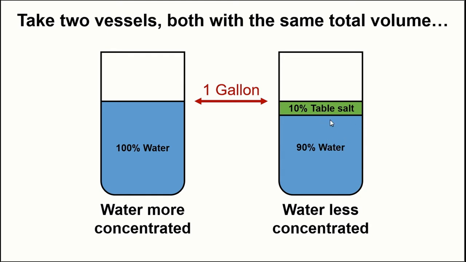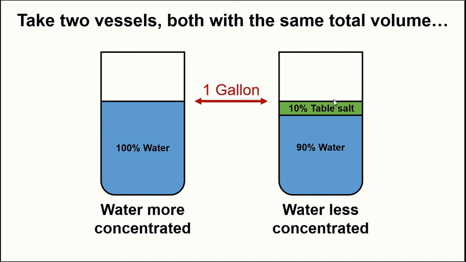What that means is that when this table salt dissolves in the water, it will take up space that would otherwise be occupied by the water, so it just doesn't disappear. As a consequence, there's less water in this vessel on the right, because 10% of the volume of this vessel is taken up by table salt, which means that 100 minus 10, the remaining volume that's water, is 90% water.